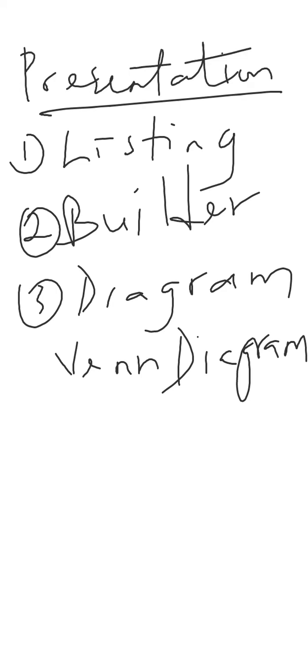So let's go to the listing form. You have to listen very well because there are some very important things under set theory that we're going to be talking about. For number one, the listing form, they will give you a set, and this is the easiest part. They will tell you what you are supposed to know about the set.